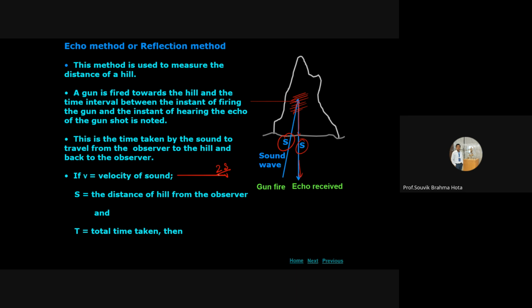Time is equal to 2s by v. So s is equal to v into t by 2. If you want to measure distance, that is v into t divided by 2.